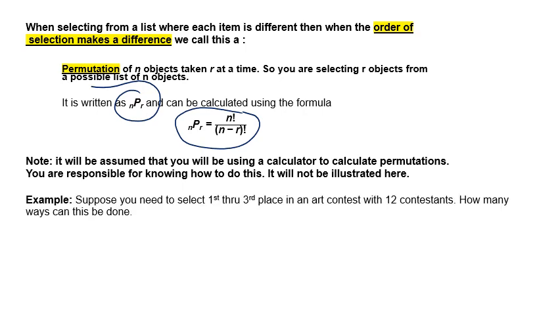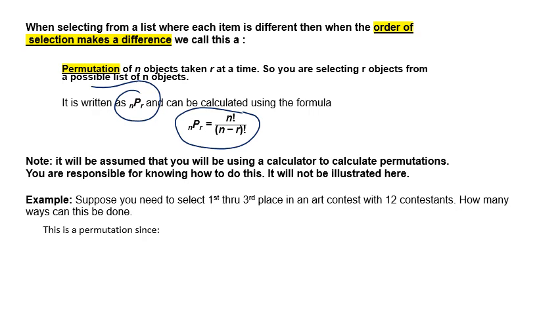Here's an example. Suppose you need to select first through third place in an art contest with 12 contestants. How many ways can this be done? Pause the video or watch it, but pause it if you'd like to try it.